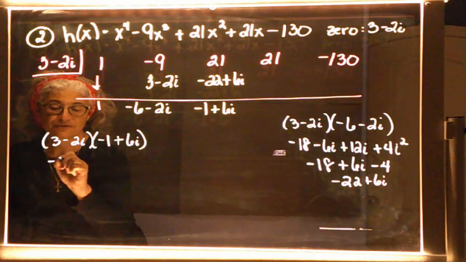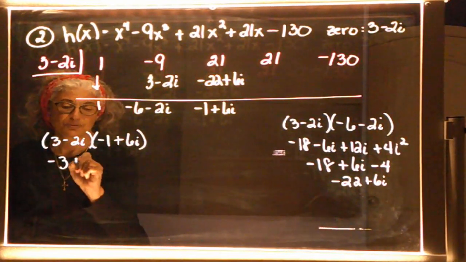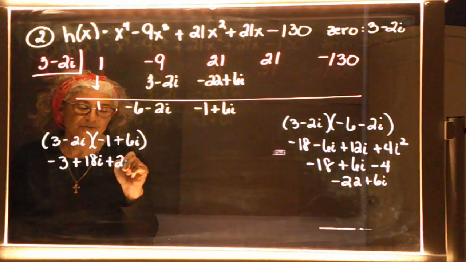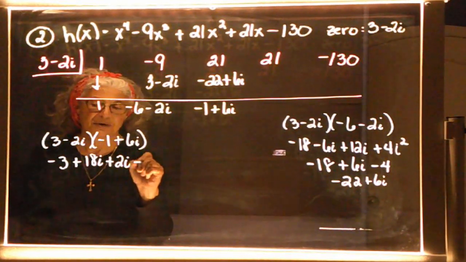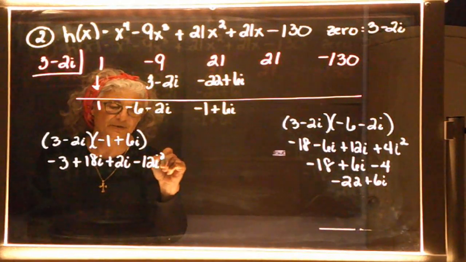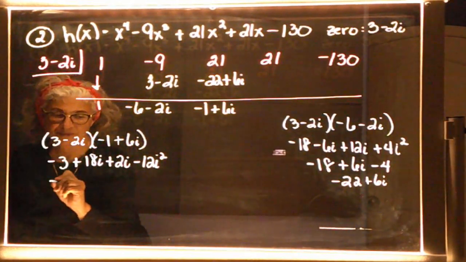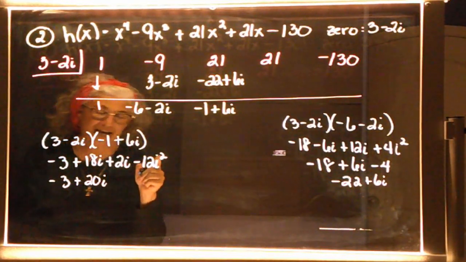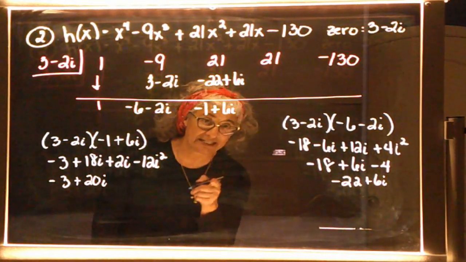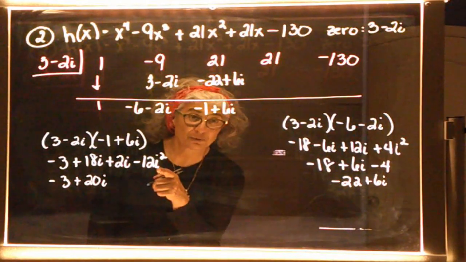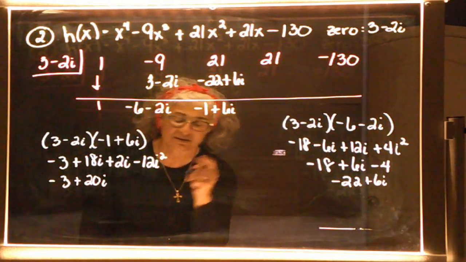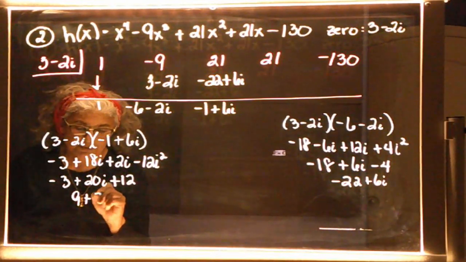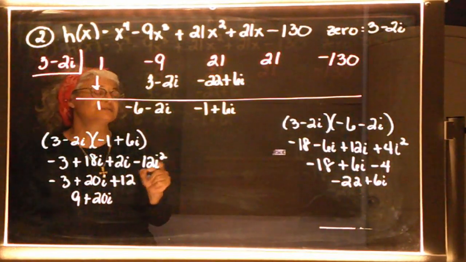So we get a -3 plus 18i plus 2i minus 12i squared, right? So I get to combine those i's in the middle, and i squared is, good, -1. So this -12i squared becomes, good, +12, which gives me 9 plus 20i.